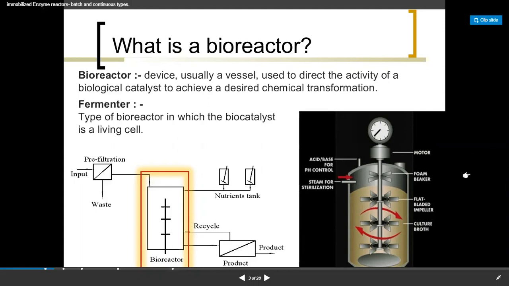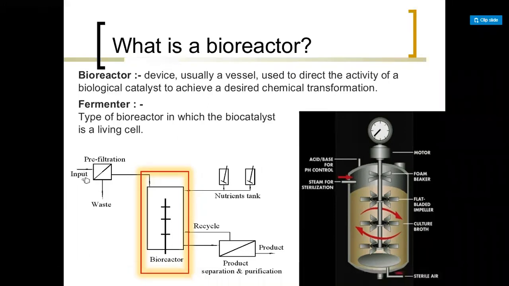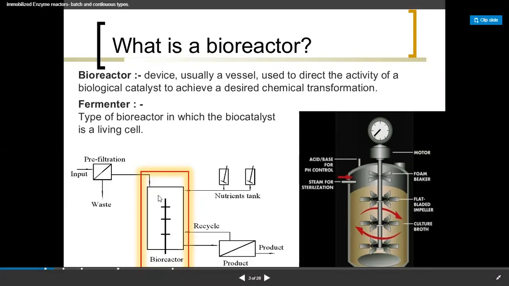Similarly, a fermenter is a type of reactor in which the biocatalyst is a living cell which conducts the fermentation process. In the bioreactor, we insert a material, and then waste material is excreted out and a product is formed.